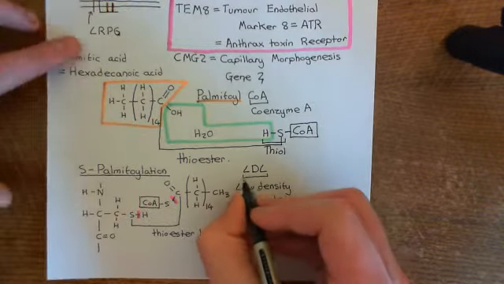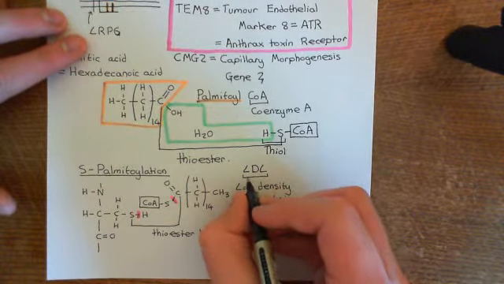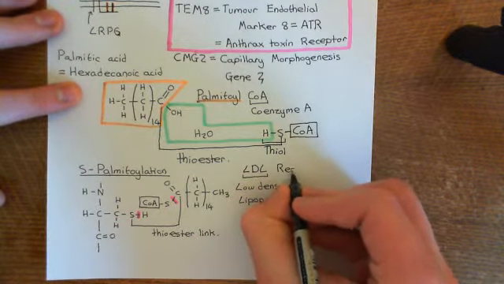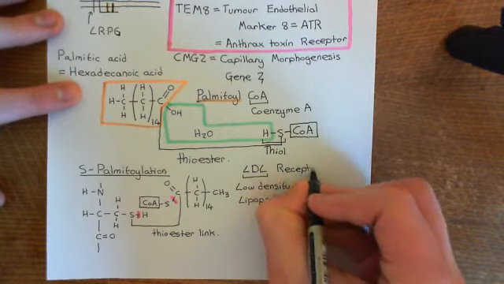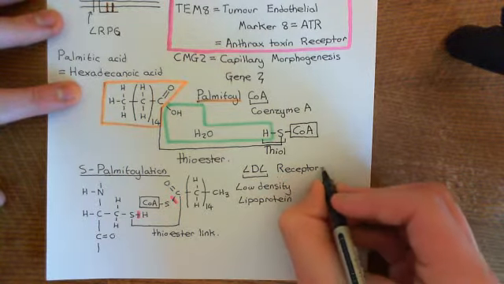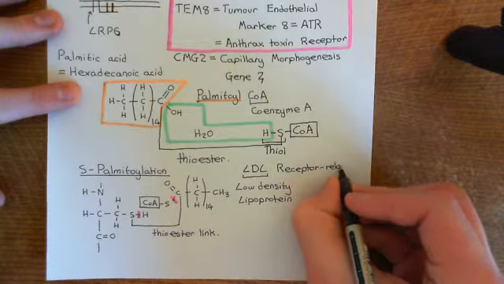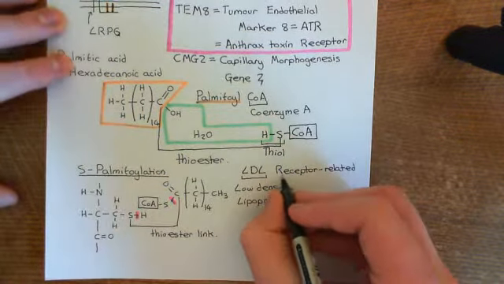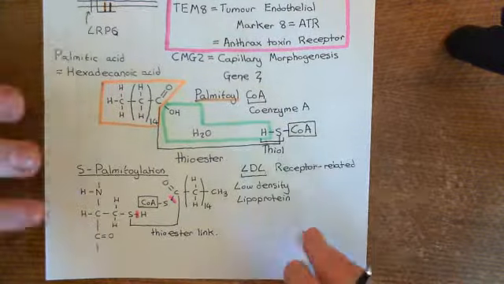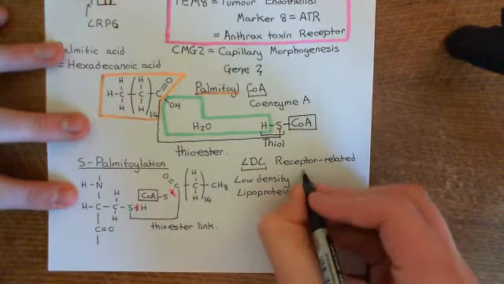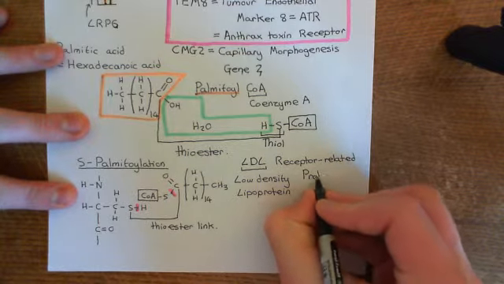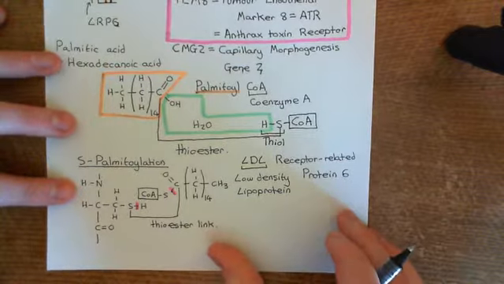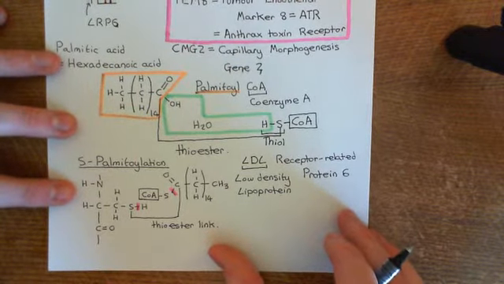Then R is for receptor-related, where both of these words have a dash between them, so they are abbreviated to a single letter. Finally the P is for protein, and the 6 is for 6. So this is the LDL, or low-density lipoprotein, receptor-related protein 6.